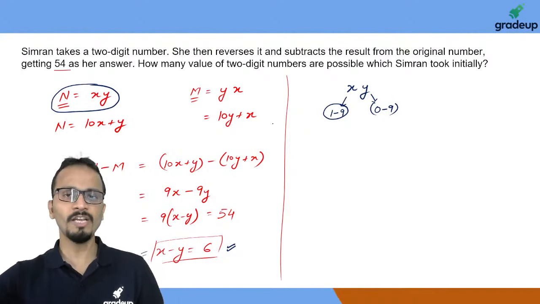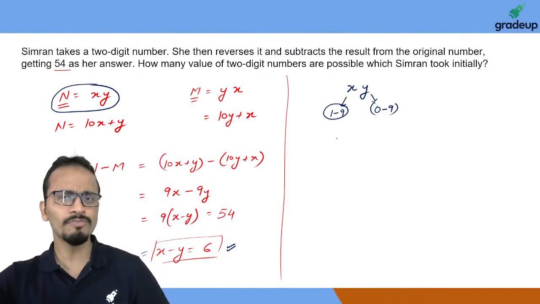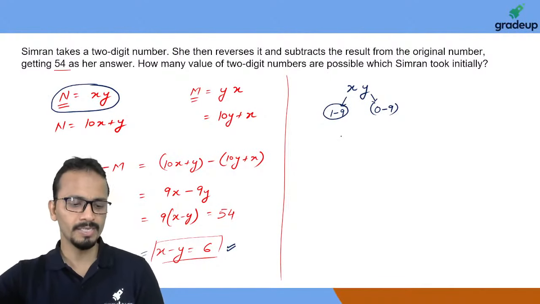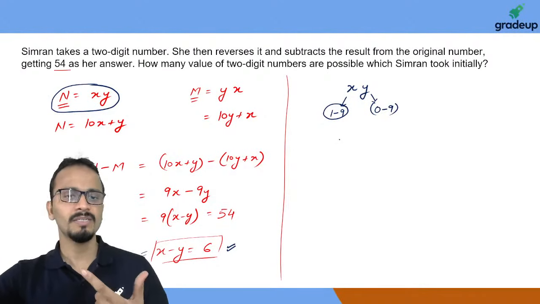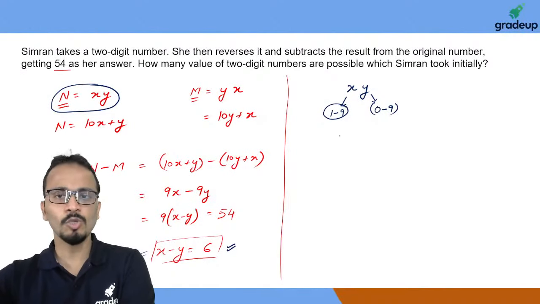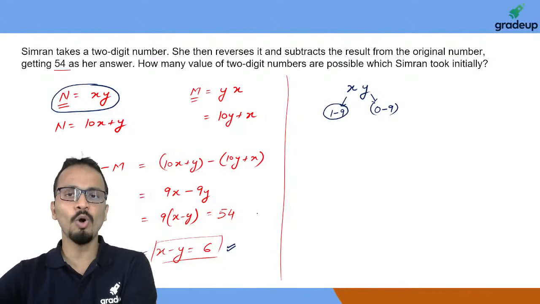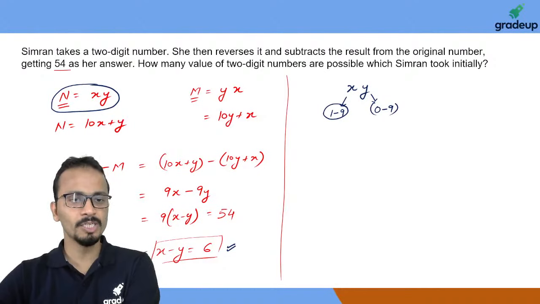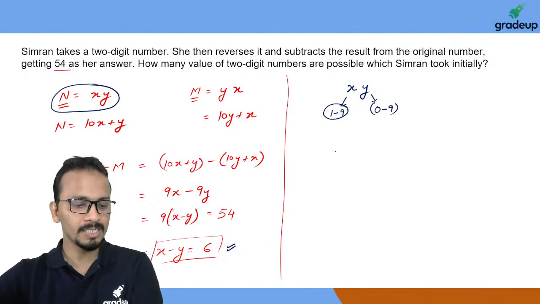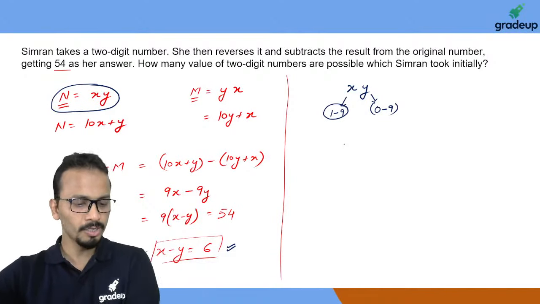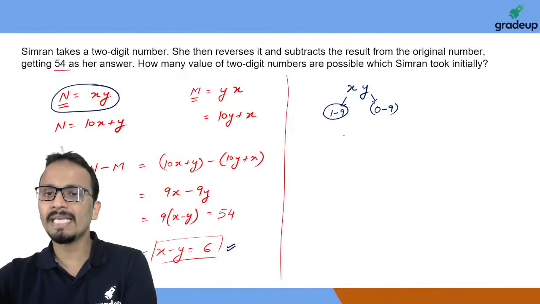All right. So if I look at one set of value of x and y, that will give me x minus y as 6. So I'll start with the highest value of x. Okay. So I'll go by the solution that is provided to me by Surya Kiran. Good. So I'll start with the highest value of x.